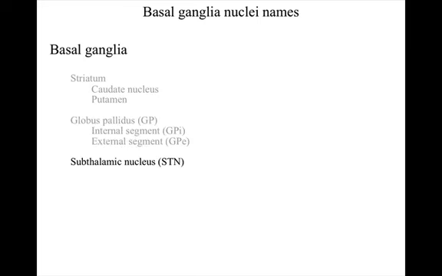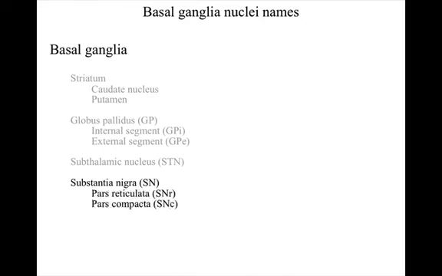The subthalamic nucleus is another compact group of neurons, and the substantia nigra is a structure lower down in the brainstem. Its name comes from its dark appearance. The SN also has two parts, the reticulata and the compacta. But these two parts are actually very different, having different types of neuron and different connectivity.